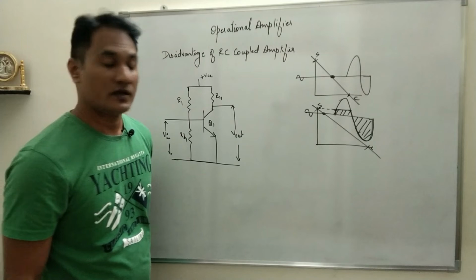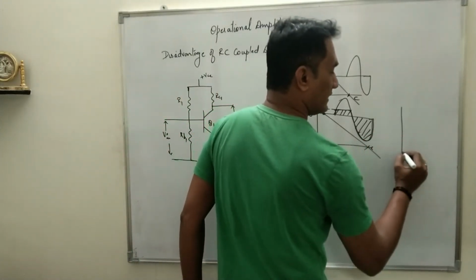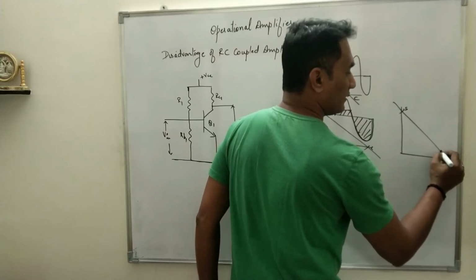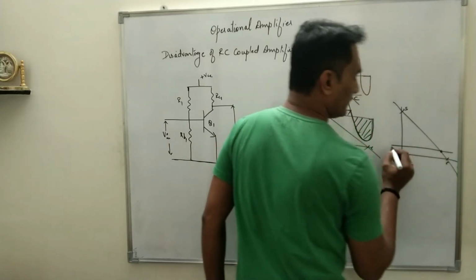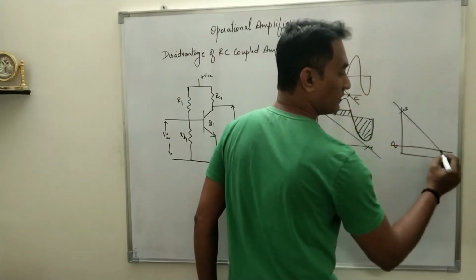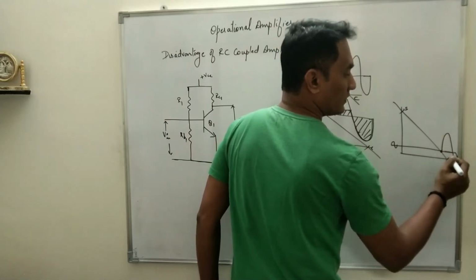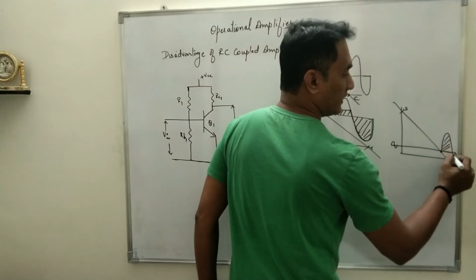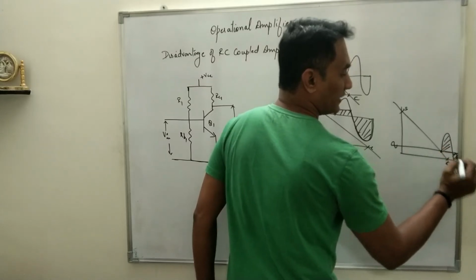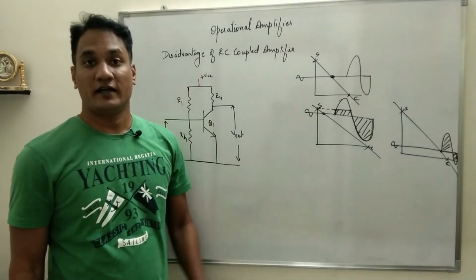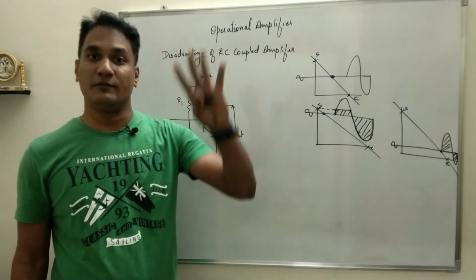Of course not. And if the operating point shifts towards cutoff, the input signal will be applied at cutoff, so the output signal will be like this. The positive half cycle will be completely amplified, but for the negative half cycle, only a small portion is amplified and the remaining part will be clipped from the circuit.